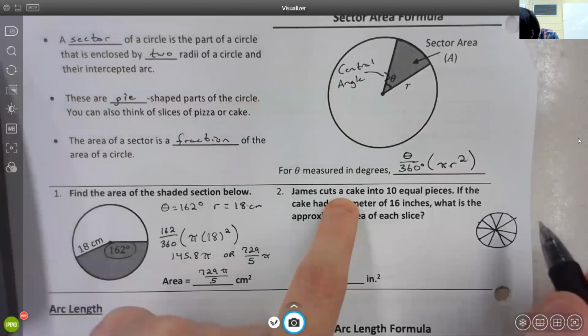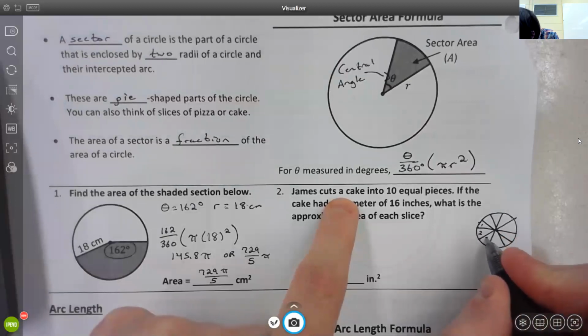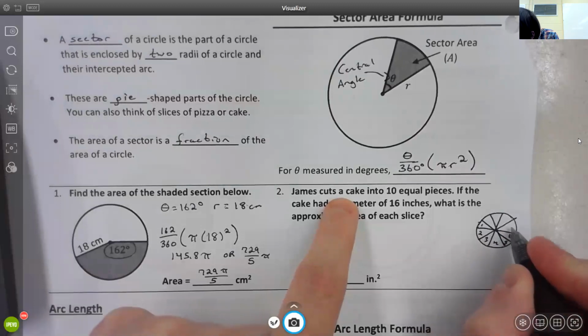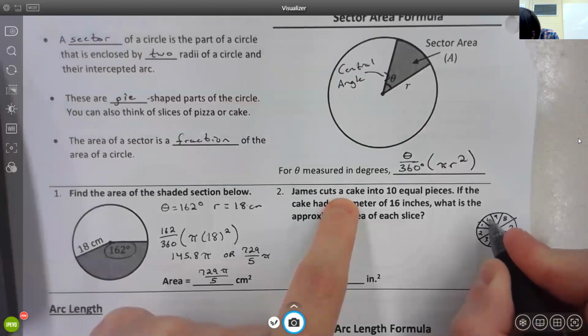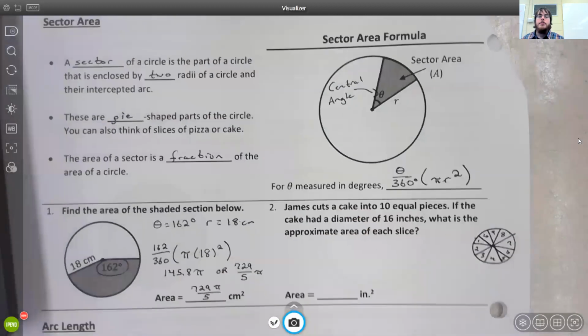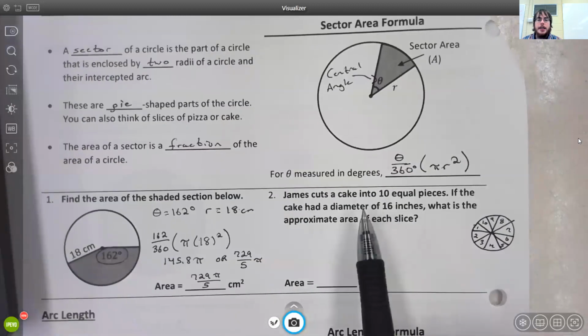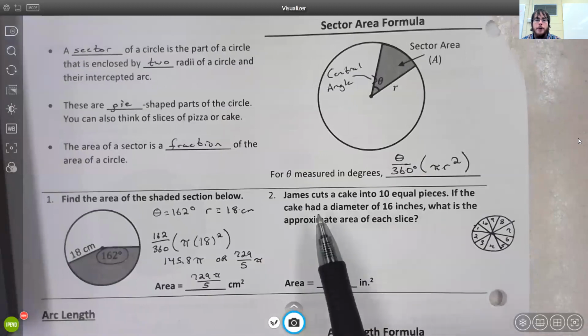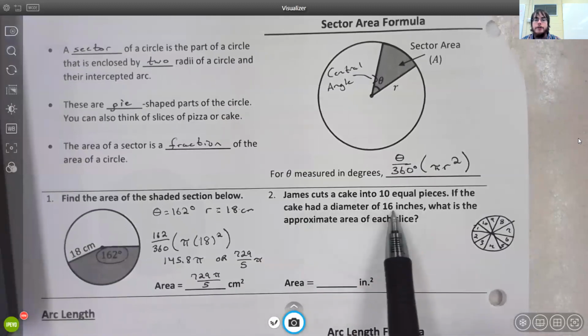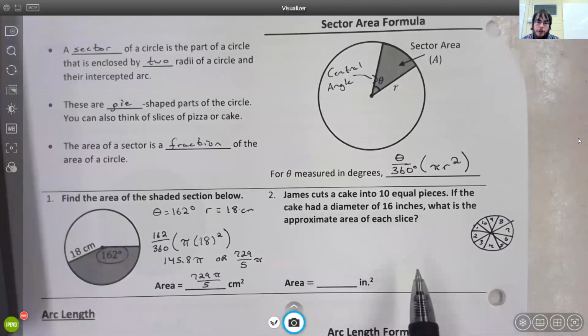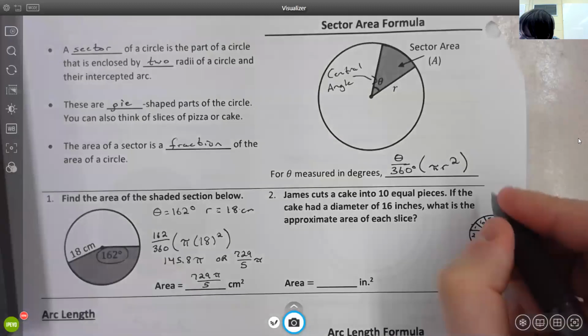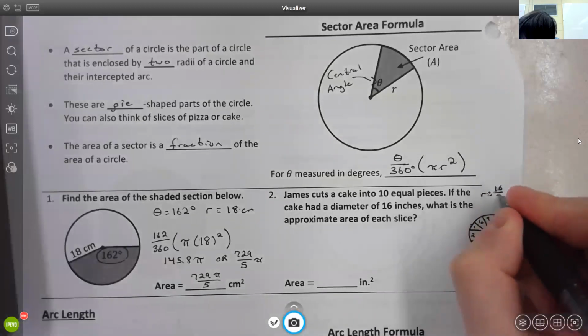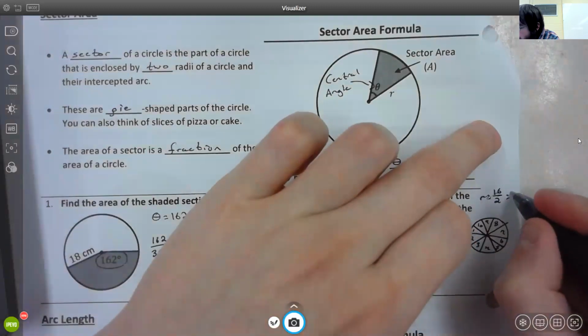So there's 10 equal pieces here: 1, 2, 3, 4, 5, 6, 7, 8, 9, 10. And we know that the cake has a diameter of 16 inches. So first, I want to find my radius because it gives me the diameter. So the radius is equal to 16 over 2, which is equal to 8.